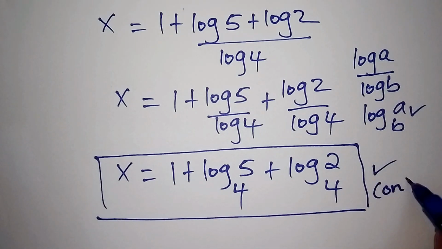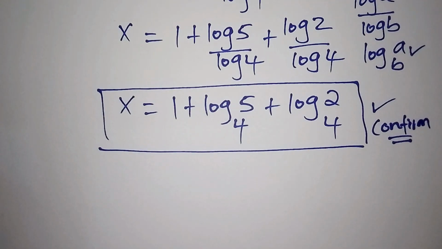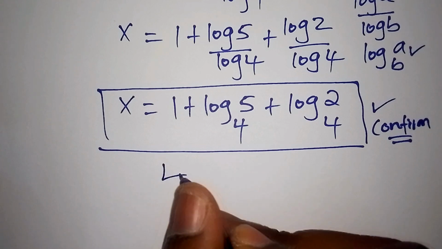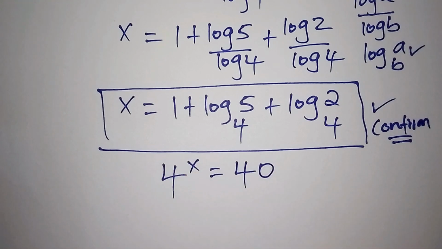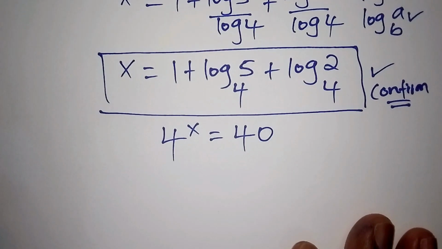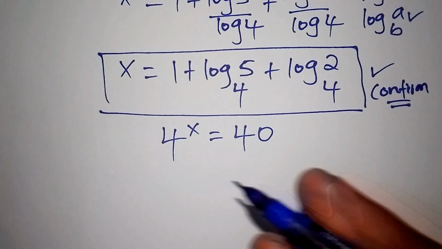So let's now confirm this maths problem very fast, to see if it brings the answer, by trying the problem that we had. So we had 4 to the power of x is equal to 40. Where it's written to the power of x, we write the answer that we have been given.